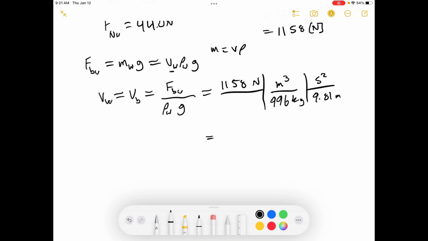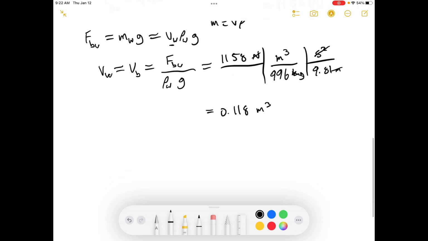This is all in SI units, they cancel out, and we're left with meters cubed. We get that the volume of the body is equal to 0.118 meters cubed. So that means that the man's density is equal to the mass of the body over the volume of the body, and that equals 1033 kilograms per meter cubed.